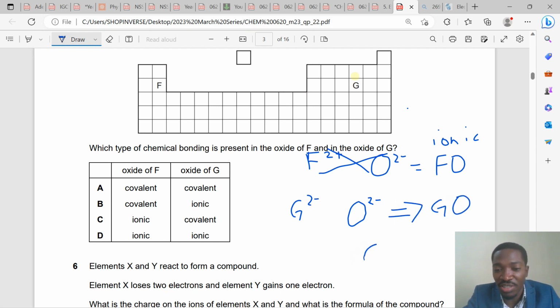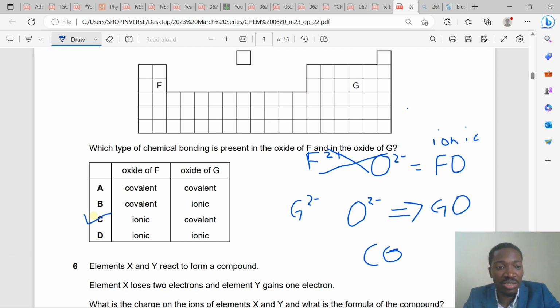A typical example is carbon monoxide, CO. So this is formed by covalent bond. Non-metals form covalent bonds with oxygen, while metals form ionic bonds with oxygen. So an oxide of F will be formed by ionic bond, while an oxide of G will be formed by covalent bond. That makes C the correct answer to question number 5.